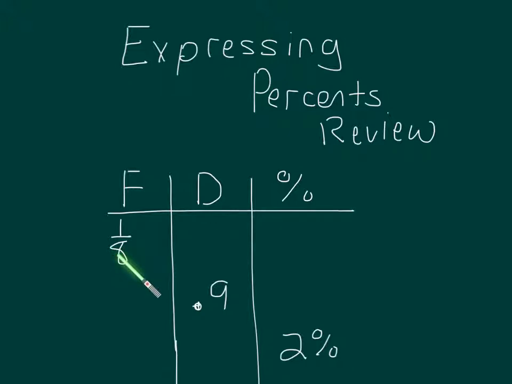Let's look at 1/8. That's a fraction. Let's turn it to a decimal. So if you're going fraction to decimal, you divide. Yep. You divide the numerator by the denominator.